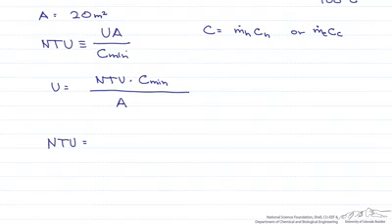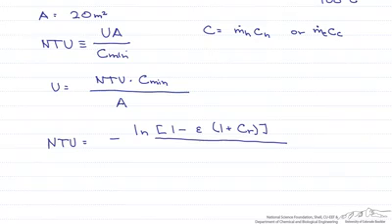For parallel flow, this is going to equal minus the natural log of 1 minus the effectiveness multiplied by 1 plus C sub r, divided by 1 plus C sub r. This is the ratio of the minimum heat capacity rate divided by the maximum heat capacity rate.